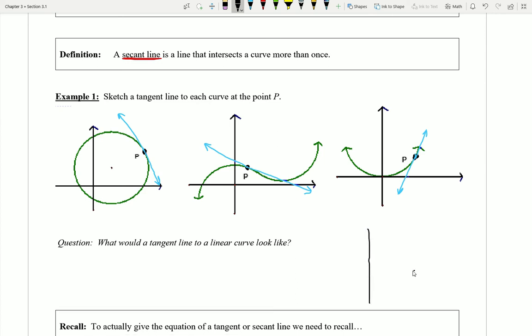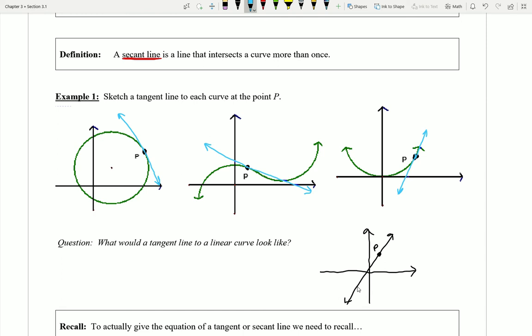So let's suppose that I had a function that looked like this, and I put a point P on it, maybe right here. Can I come up with what a tangent line would look like on a linear curve? Remember, it's got to touch the curve at the point P. It's got to move in the same direction as the curve. It's got to approximate the curve well near the point P.